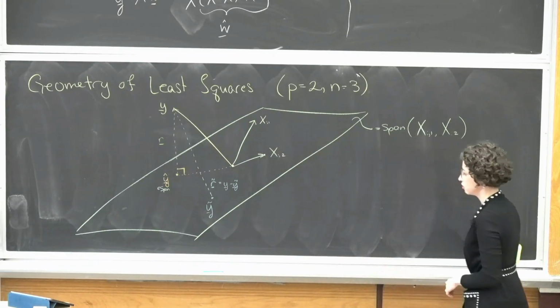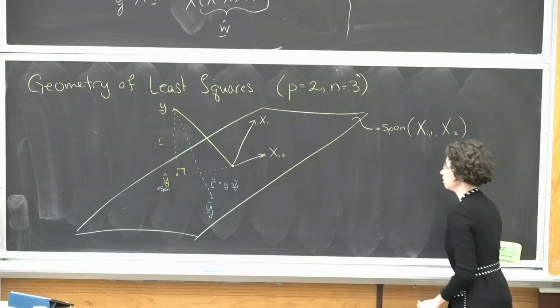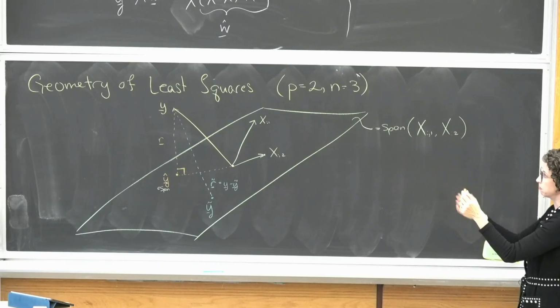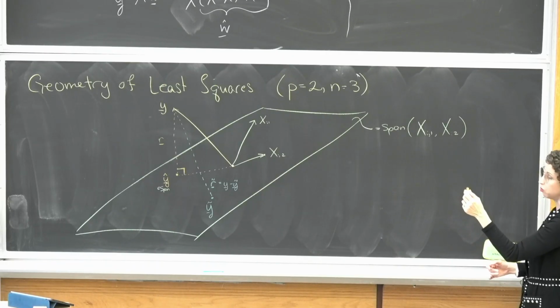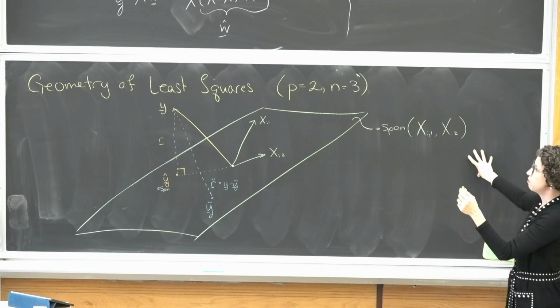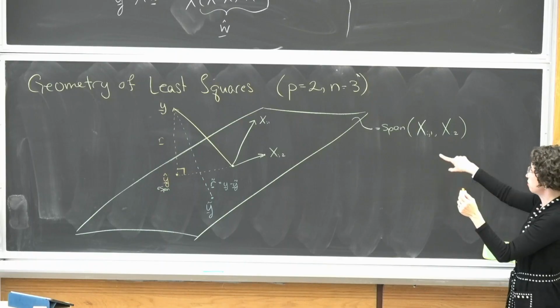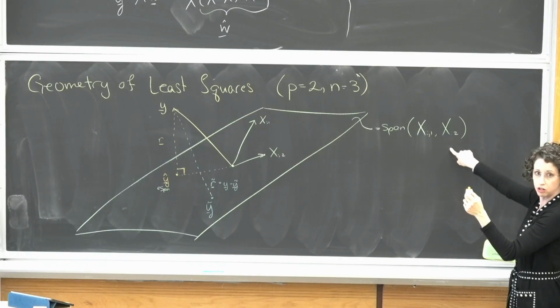Maybe it's a little bit hard to draw this, but imagine, for instance, that the tip of my chalk is equal to this point y, or the vector of labels y. And I want to find the point on the board that's as close as possible to the chalk. So I want to draw the shortest possible line, and that's going to be perpendicular to the board.